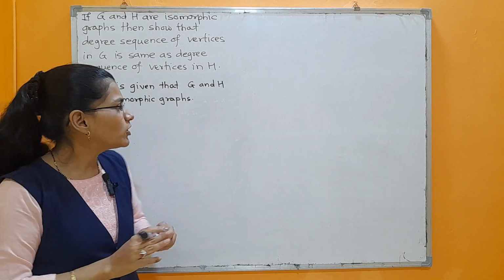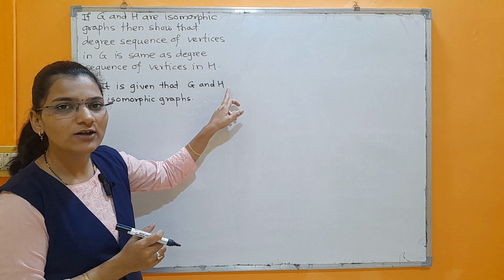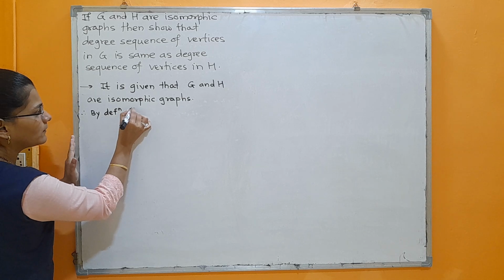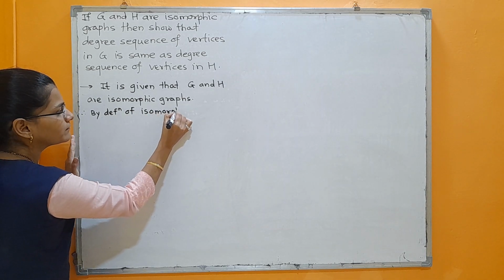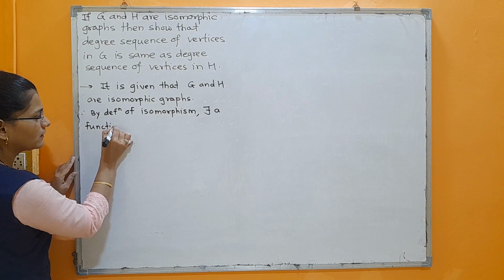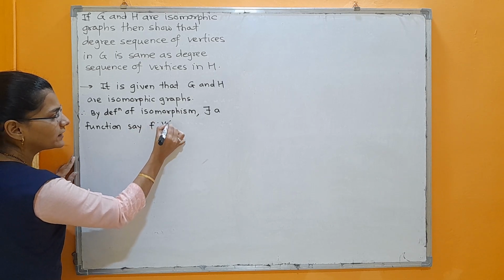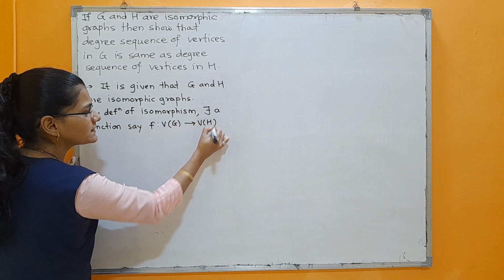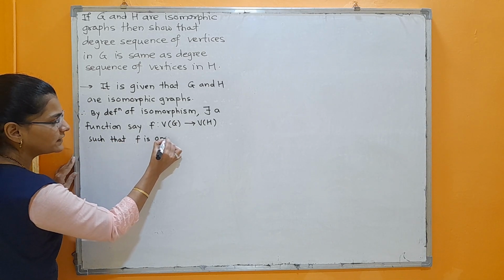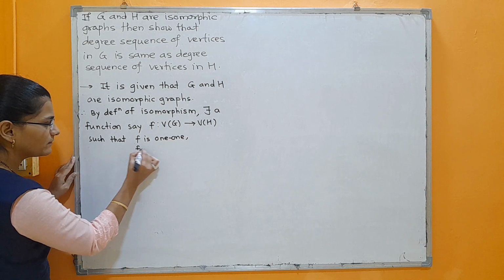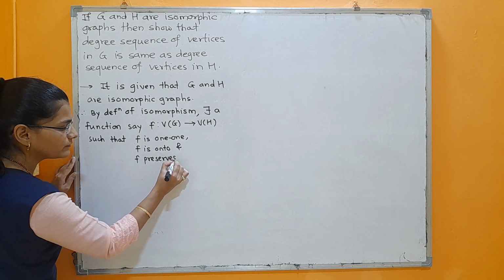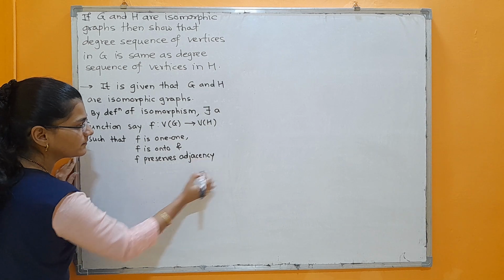So by definition of isomorphism, there exists a function from the vertex set of G to the vertex set of H. So therefore by definition of isomorphism, there exists a function, say f, from the vertex set of G to the vertex set of H such that f is 1-1, f is onto, and f preserves the adjacency relationship.